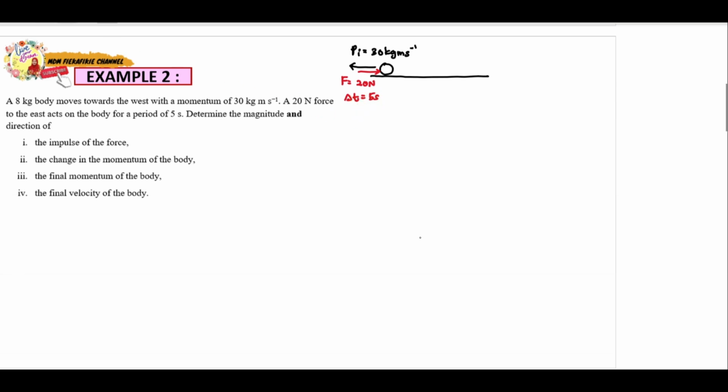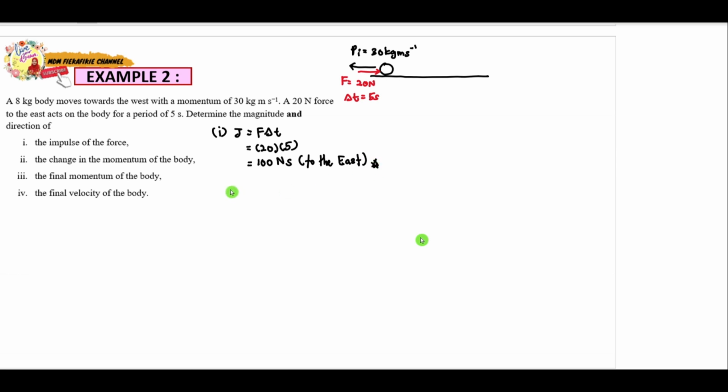Alright, so now question number 1. We want to calculate, so let's write here. Impulse is equal to F delta t, and let's substitute the values. So 20 times 5, so the answer is equal to 100 Newton second. So the direction is to the east since the answer is a positive value.